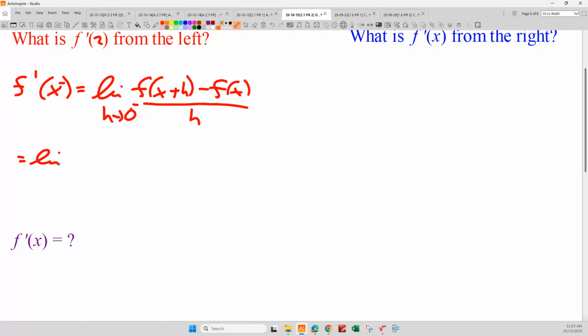Wasn't that just 2? It was 2x was the function there, right? So it's going to be the limit of 2 times, instead of x, I'm going to have an x plus h, minus 2x over h as h approaches 0 from the left. Well, that's just going to be 2x plus 2h minus 2x, right?